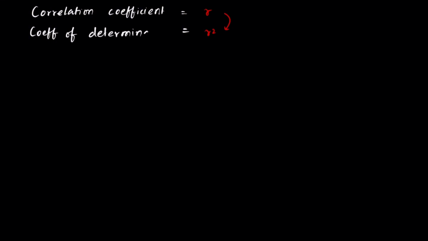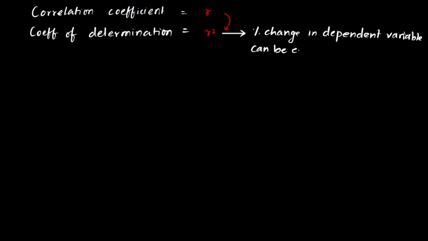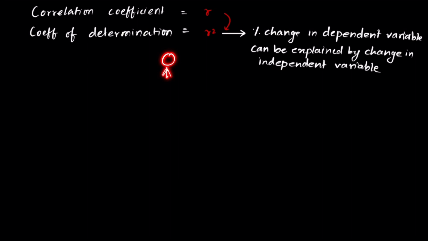Coefficient of determination is important because it tells you what percentage change in the dependent variable can be explained by change in the independent variable. Okay, what does this even mean? Let me tell you. Let's say you are studying the weight of a certain person.